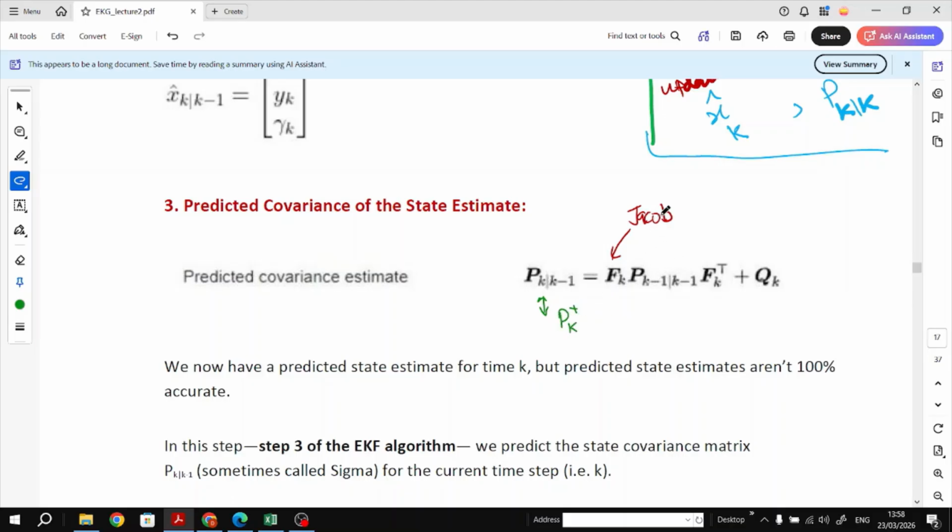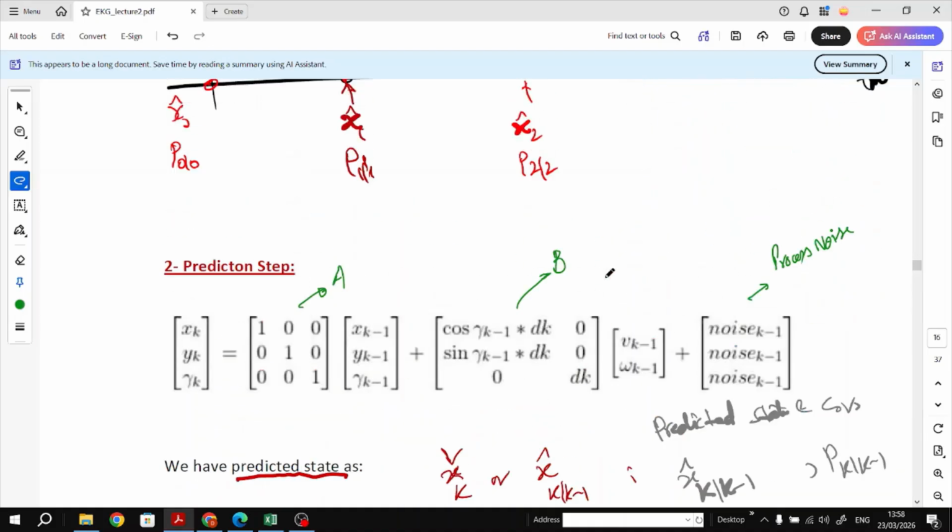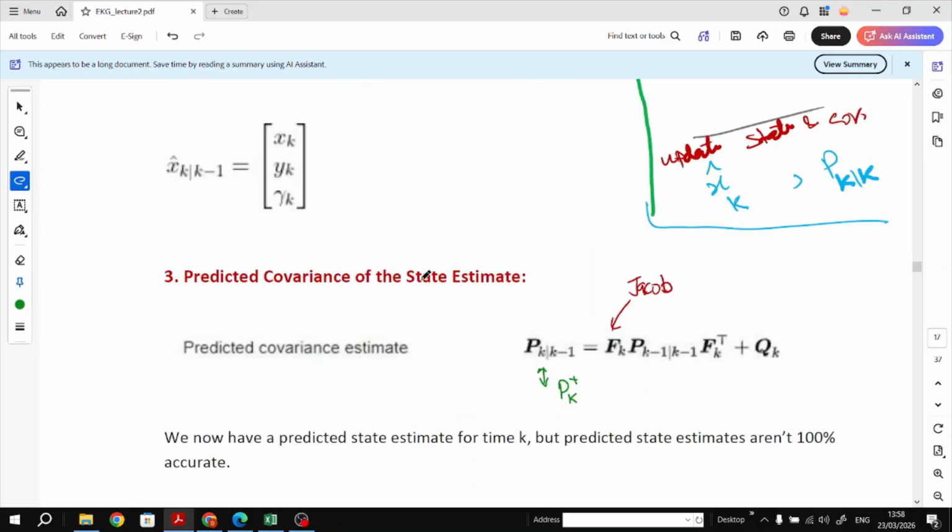using the Jacobian matrix, calculated as F. Sometimes you say F, sometimes you call it A. It is the same thing. Notations are different, but it is the Jacobian matrix of the system model. And also you add this process noise matrix.